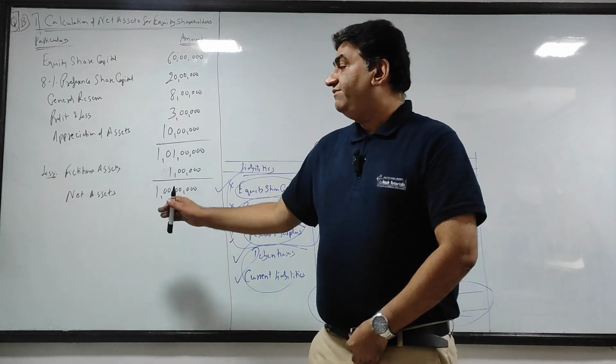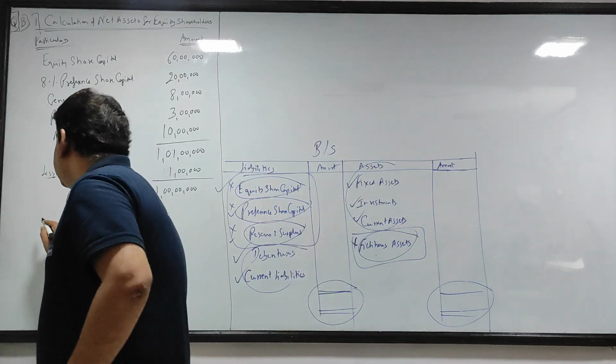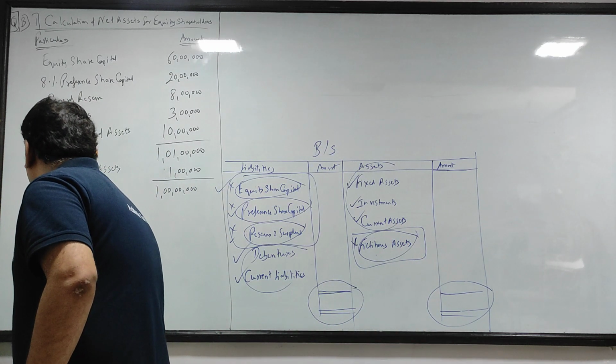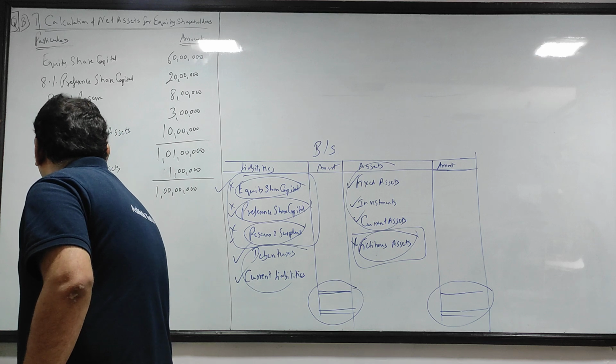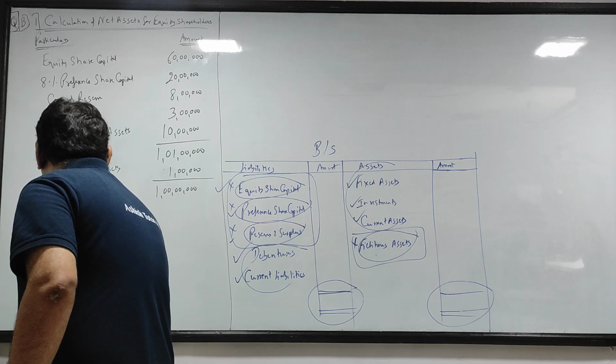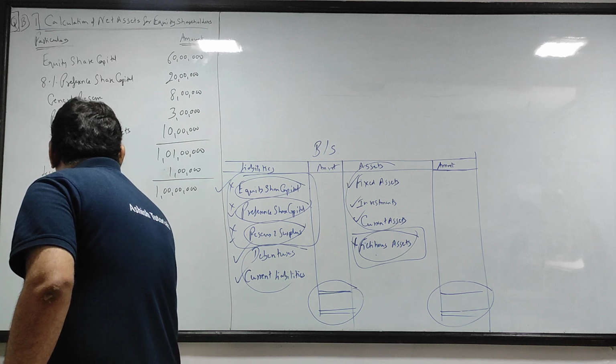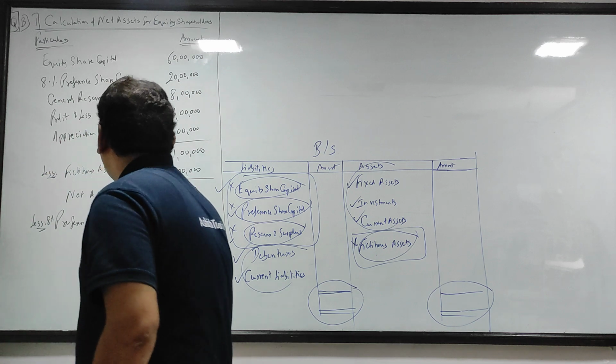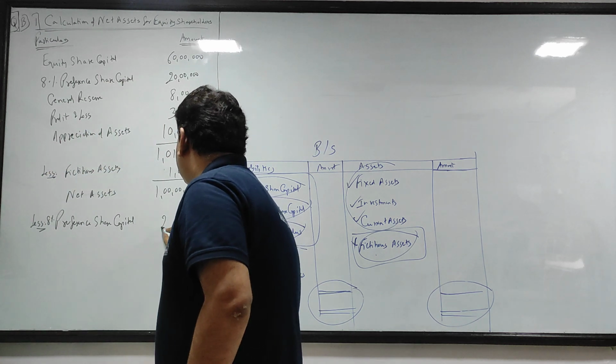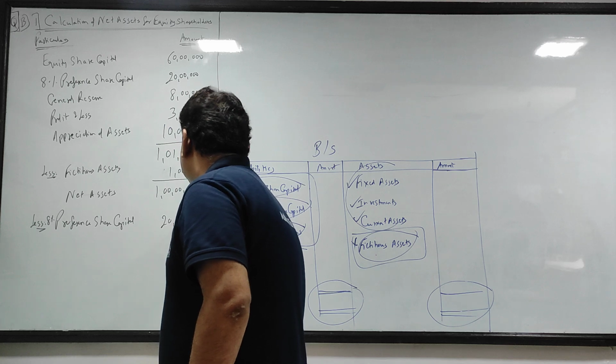Now exactly the same way, if I want net assets for equity shareholder, from this deduct your 8% preference share capital. How much is it? 20 lakhs.